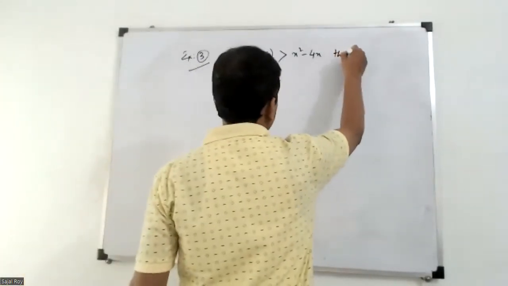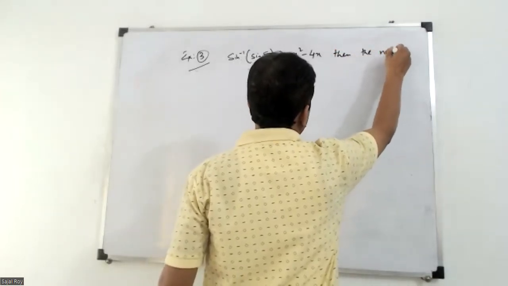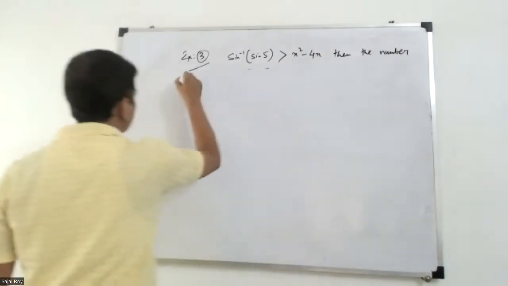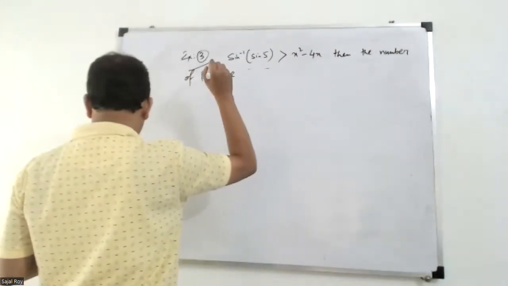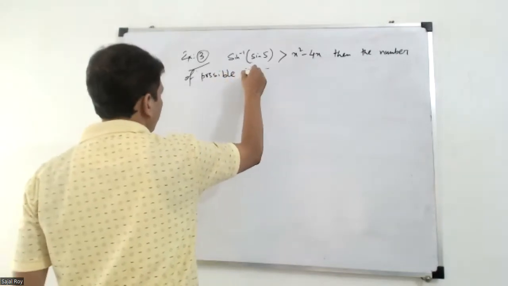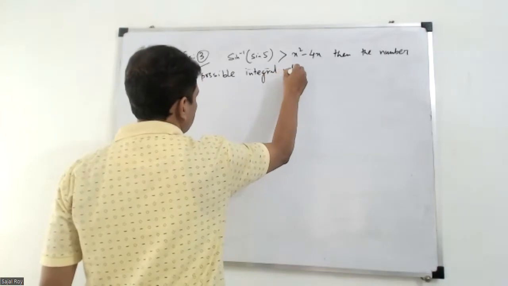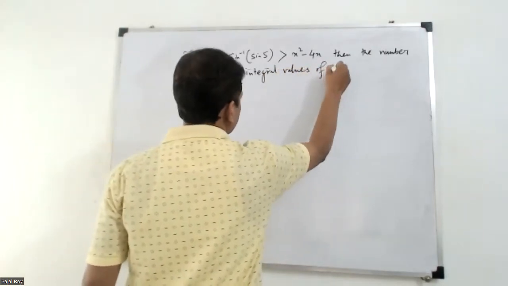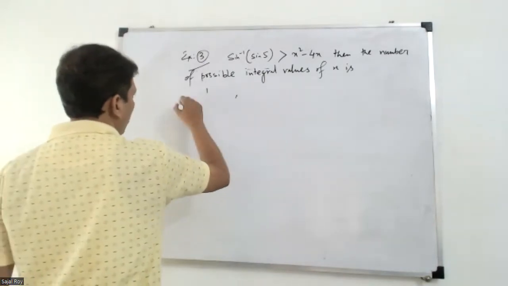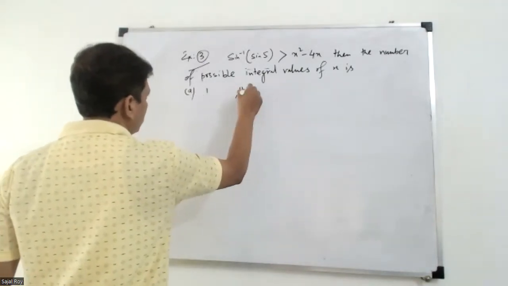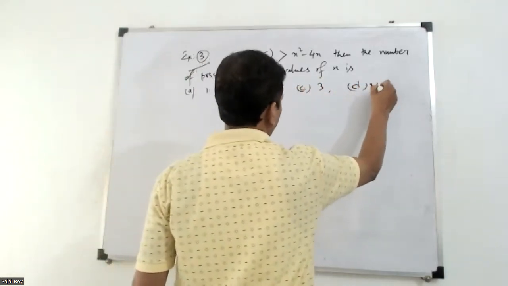Then the number of possible integral values of x is: option A, 1; 2; 3; none of these.